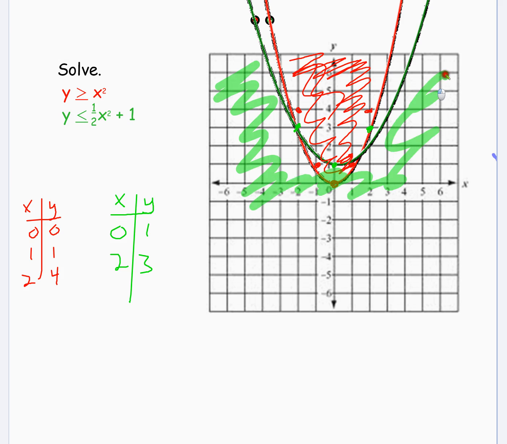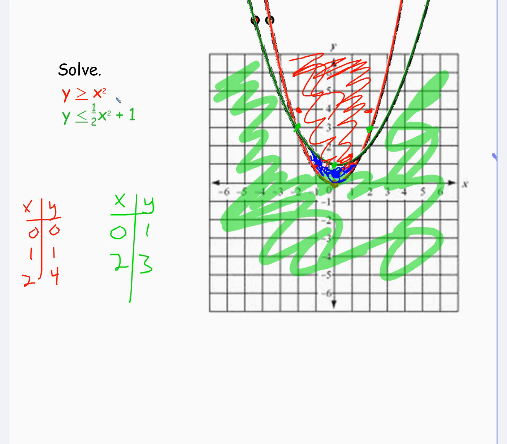And we're looking for where those two graphs overlap or intersect, and that is going to be this small section. Kind of looks like a smiley face in here. That's going to be in here. This is where the two graphs intersect. And so that would be the solution. So all these points in here make both of these inequalities true.